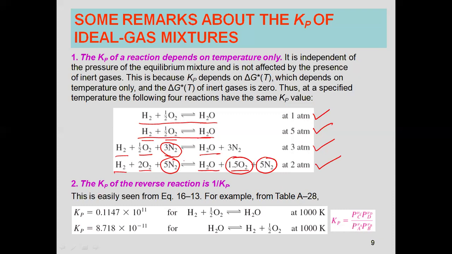Inert gases means here you can consider the non-reacting gases. So they are basically inert to the particular reaction. So here the inert gas presence will not affect the Kp value, and also the total mixture pressure will not affect the Kp value. That is the observation here.